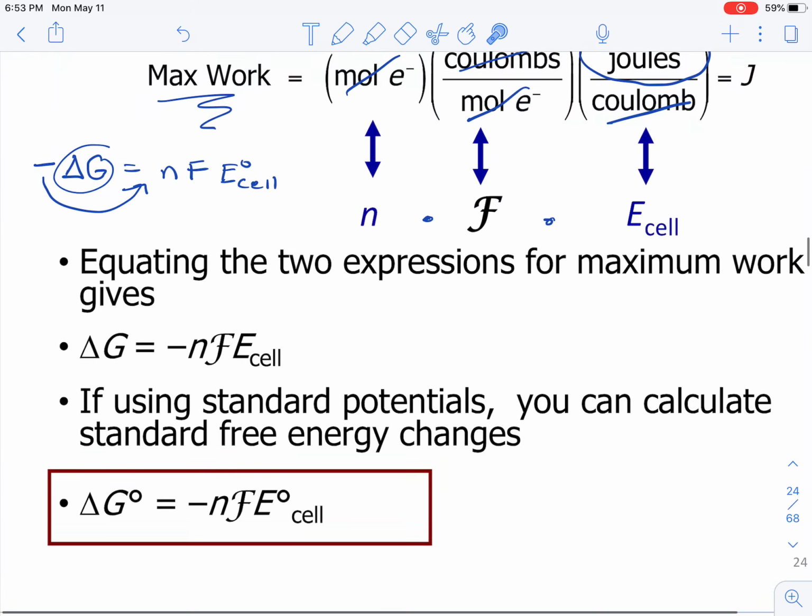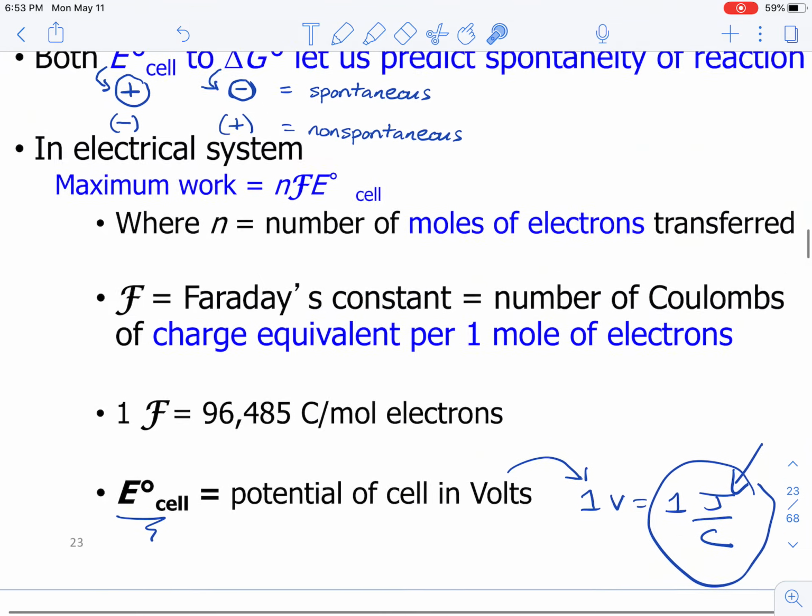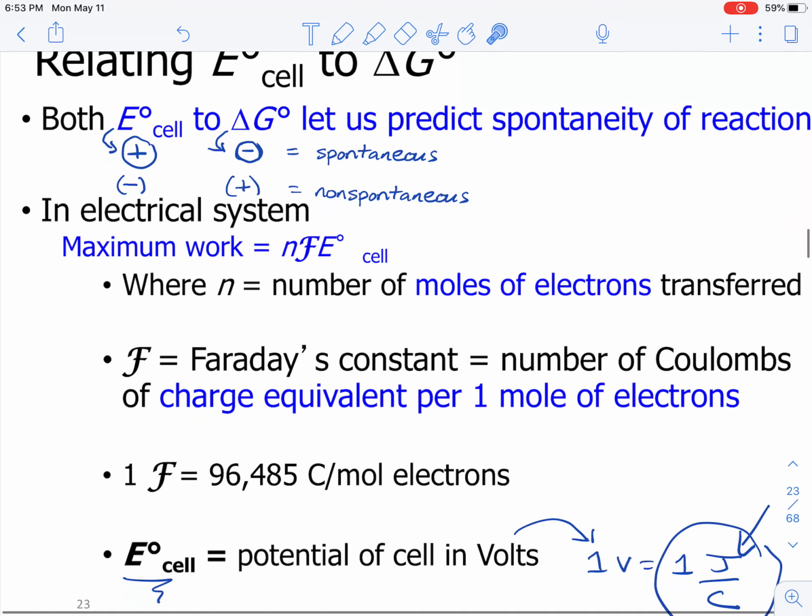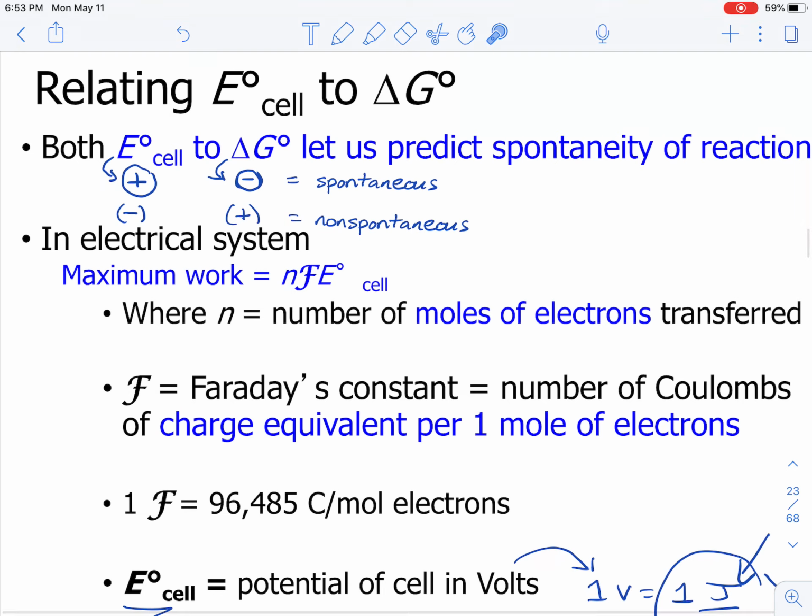All right. And so before I continue, I do want to mention very briefly that in the thermodynamics section, we discussed maximum work under pressure volume. However, since we're talking about work done by an electrical system, the maximum work, delta G, it's not going to be 0, right?